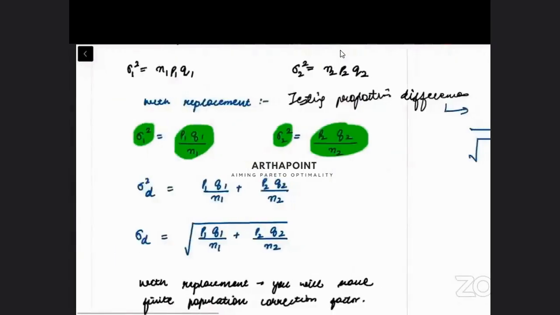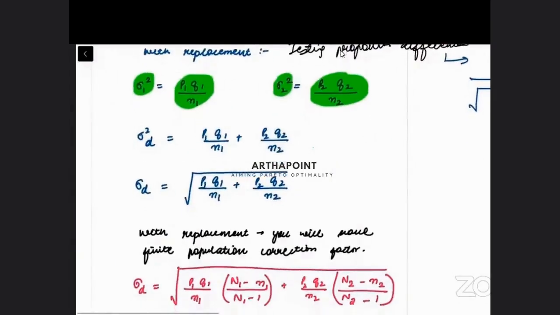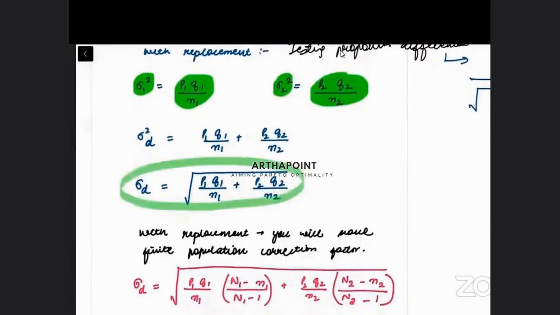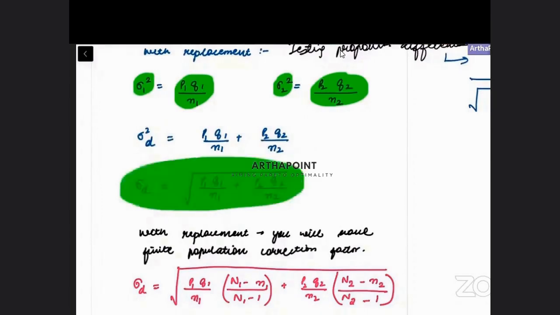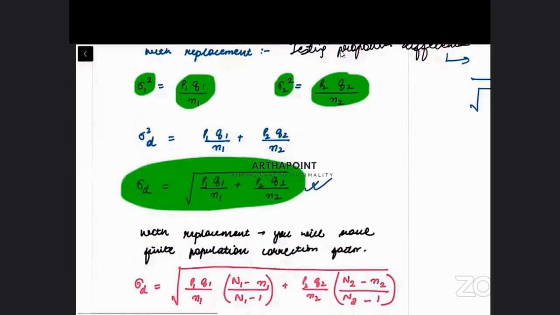So basically, this is exactly what we are doing. Usually, your denominator is the square root of P1 Q1 by N1 plus P2 Q2 by N2. This is what we usually use for differences in proportion.